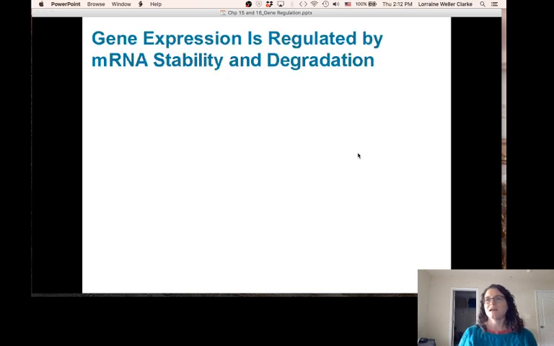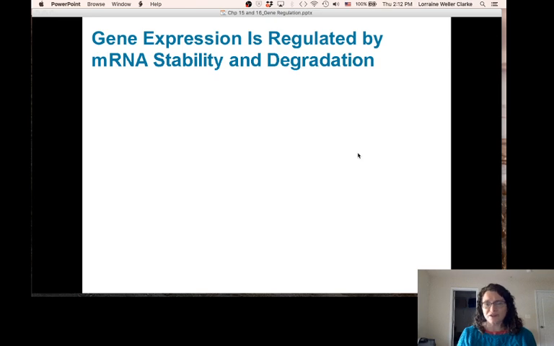All right. Last thing I want to talk about is a little bit of control on errors, okay? So I talked about how mRNA doesn't stick around very long, but eukaryotic mRNA does stick around a little bit longer than bacterial.